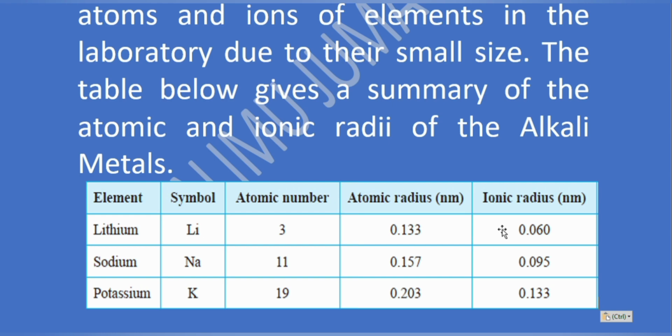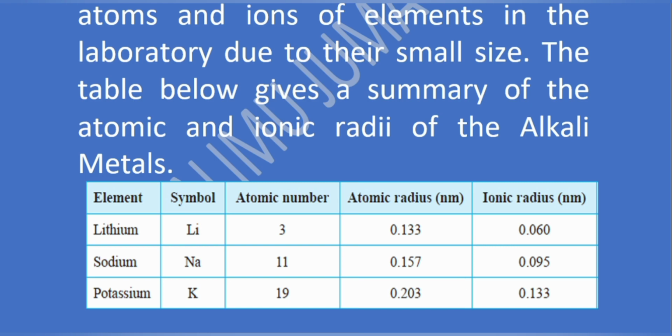After the losing of one electron, the remaining electrons come more into contact. They are held more together. Now the ionic radius is smaller compared to the atomic radius, all because we are losing an electron to form the ion.